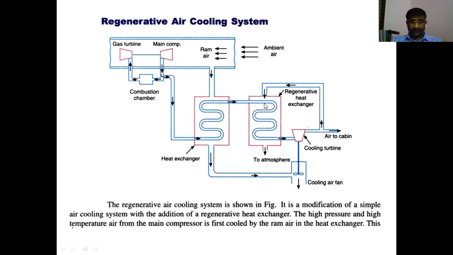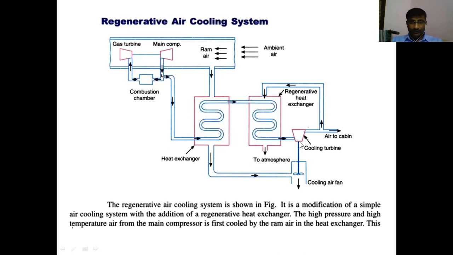After absorbing the heat, the regenerative air is sent to the atmosphere, and the ram air, after absorbing the heat from the heat exchanger, is also sent to the atmosphere. In this, the fan is utilized to extract the heat from the first heat exchanger. Clear? For an effective cooling process, this fan is run by the cooling turbine.